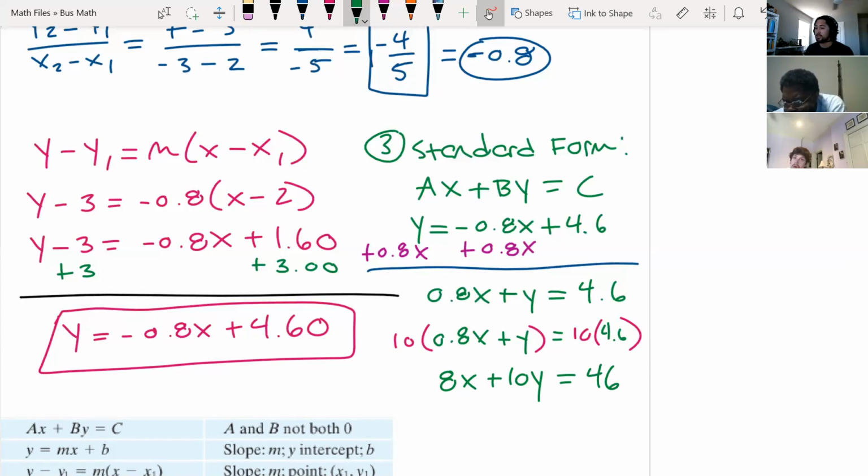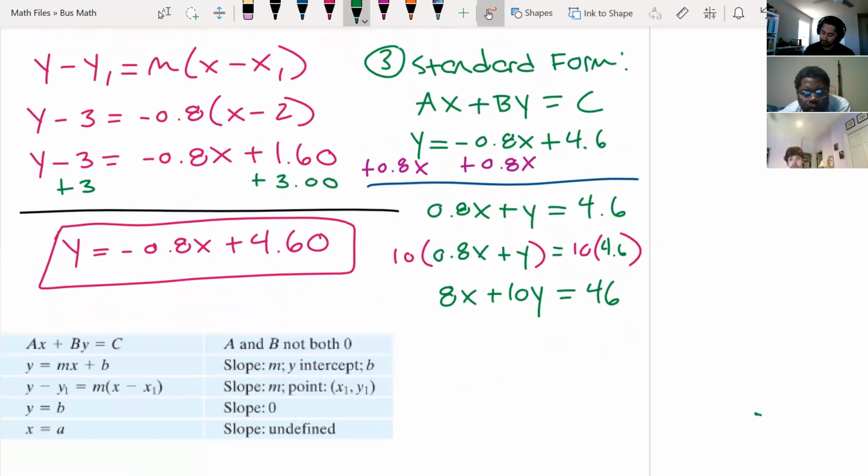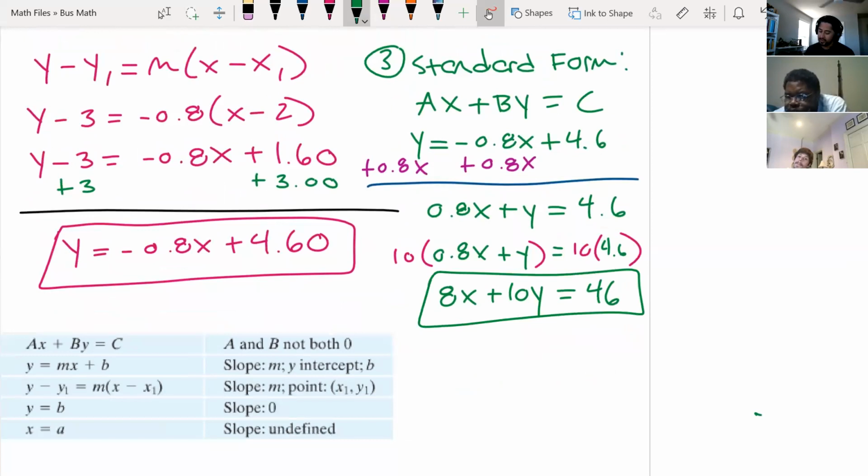One more thing you can notice is that everything can be divisible by what number? 2. So I'm going to say this one works, but I'm also going to divide everything by 2. And if I divided everything by 2, I'd get 4x plus 5y equal to 23.